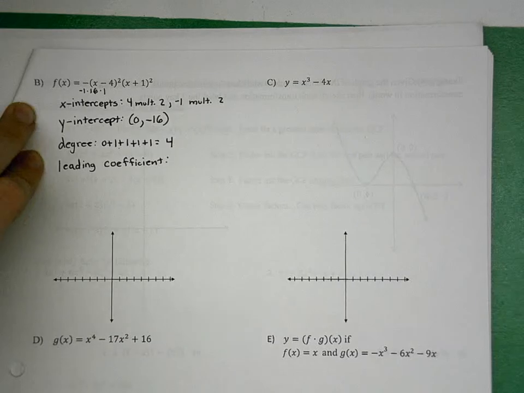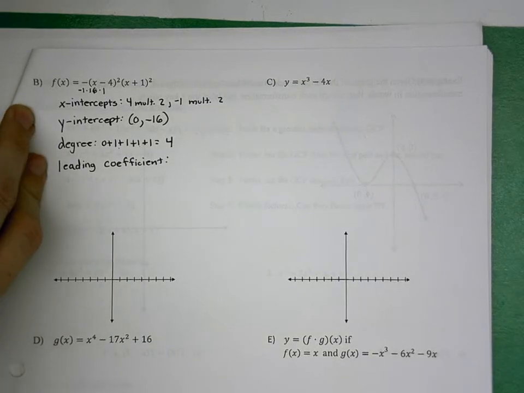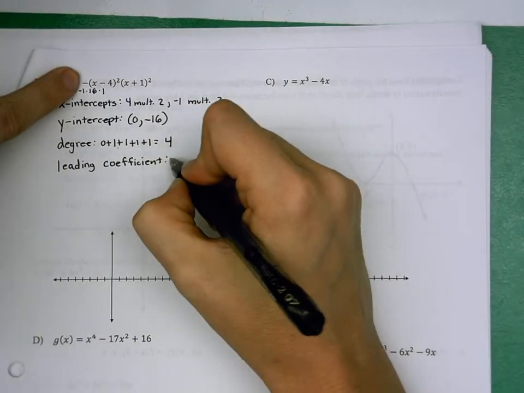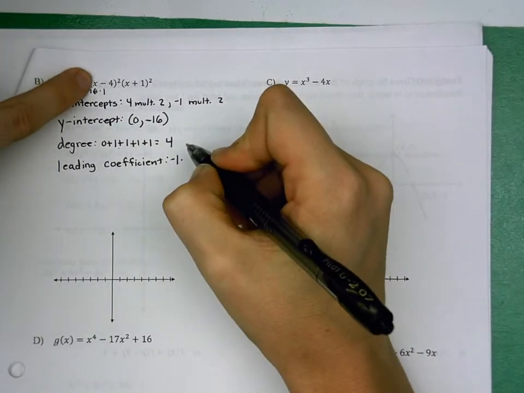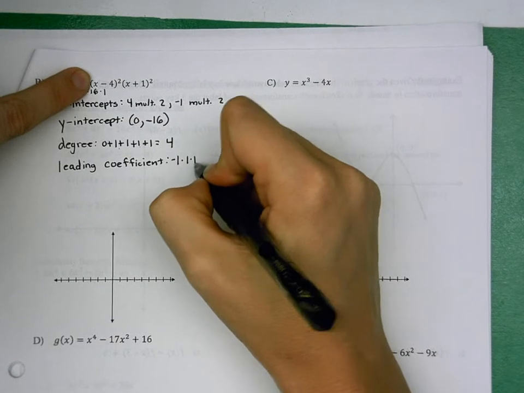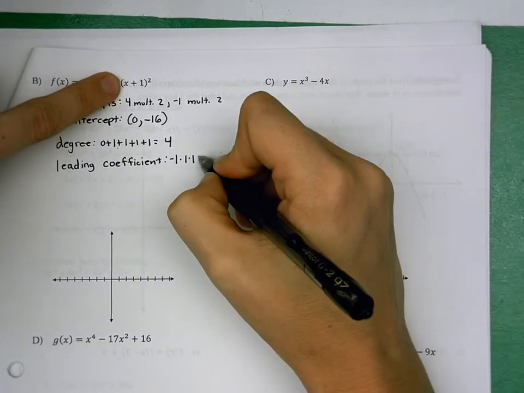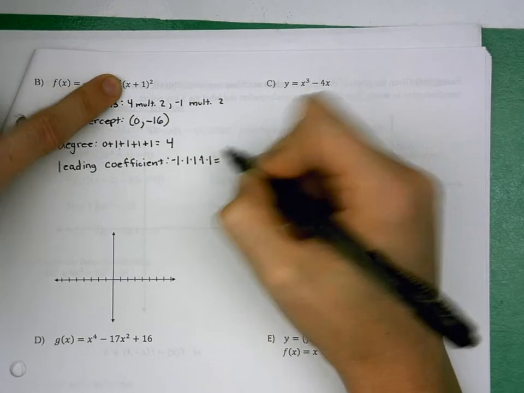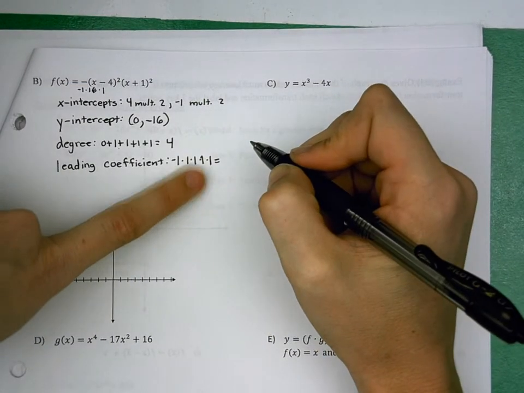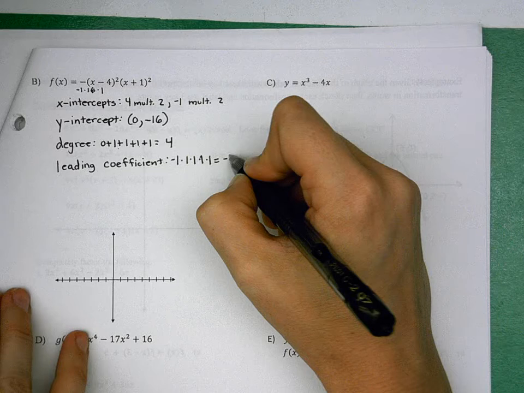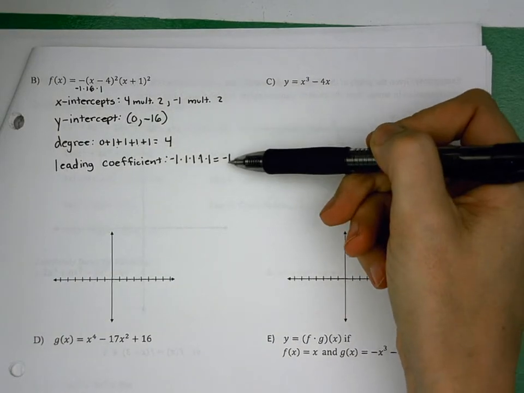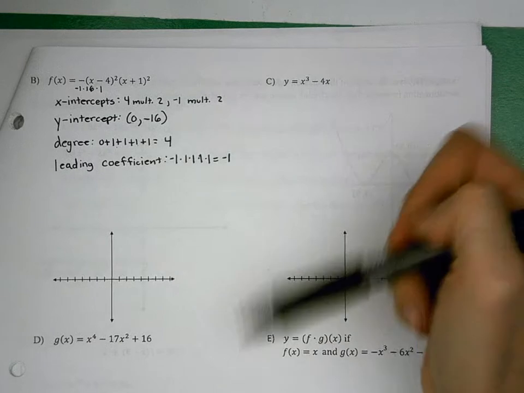So I know I'm going the same direction for my end behavior. My leading coefficients are -1. Leading coefficient in here is 1, and there are 2 of those. And back here we have 1, and there are 2 of those. So my leading coefficient is -1 times 1 times 1 times 1 times 1, which is -1. So with an even degree and a negative coefficient, I know I'm going down to negative infinity on both sides.